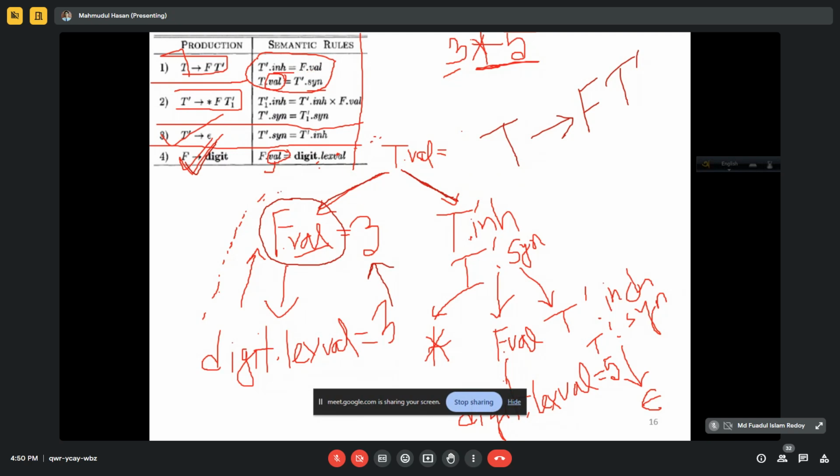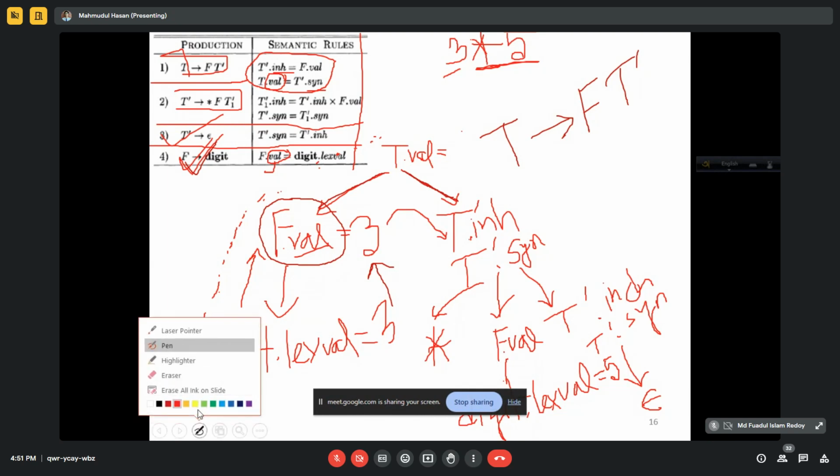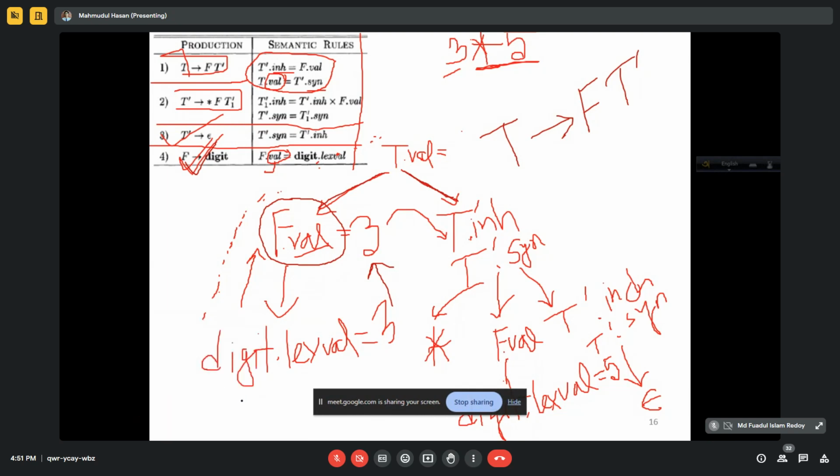There is another F, but that F is the child of T dash. This F value is the sibling of T dash, so this value will come here, and this value will be 3.